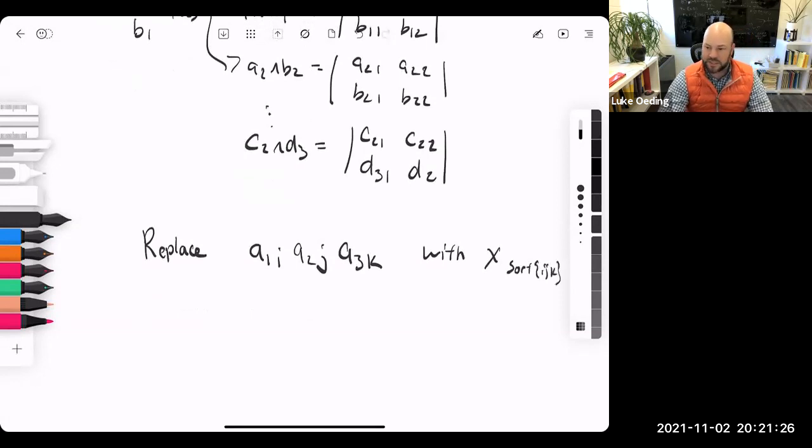Because I want symmetric tensors, their indices need to be symmetric. I'm going to choose the sorted order to be my tensor variable. So this is in Sim3 of C2.